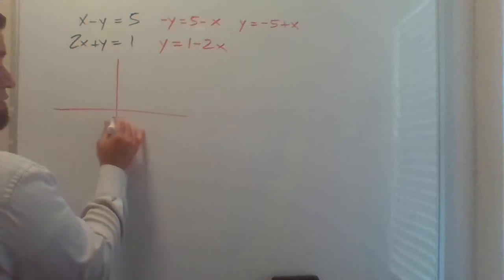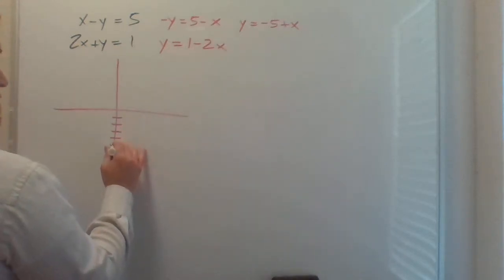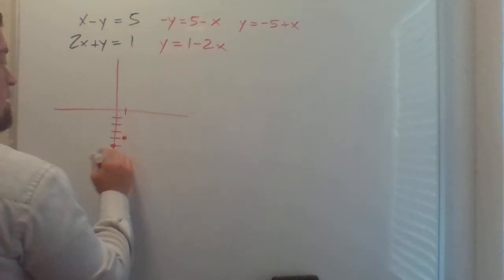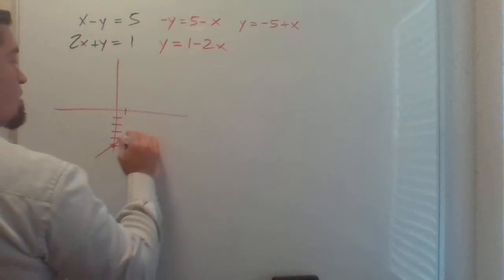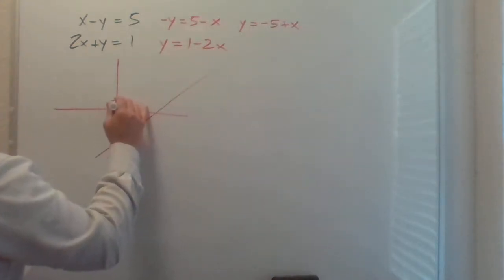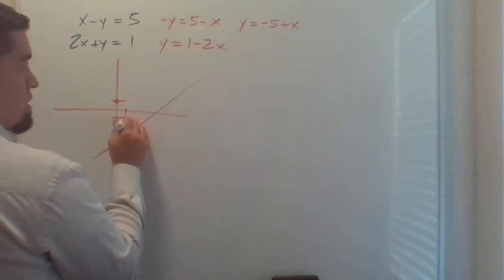So I'm going to go to negative 5. Then I'm going to go up 1 over 1, put a point here, and then that's my line. Then this one is 1 minus 2x, so put a point here and go down 2 over 1.